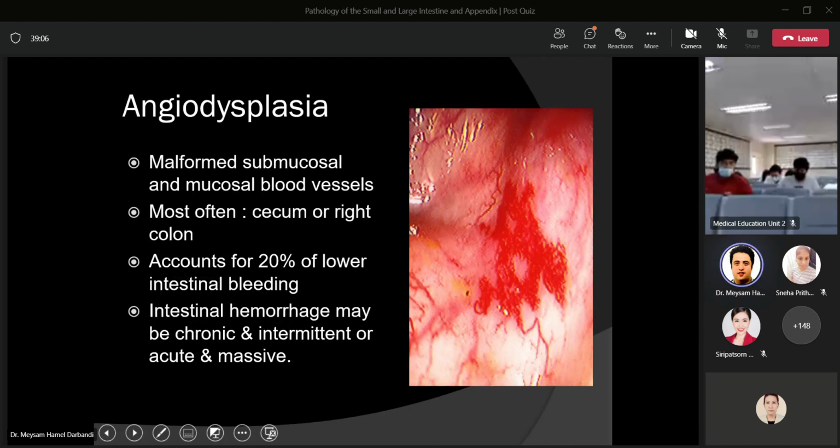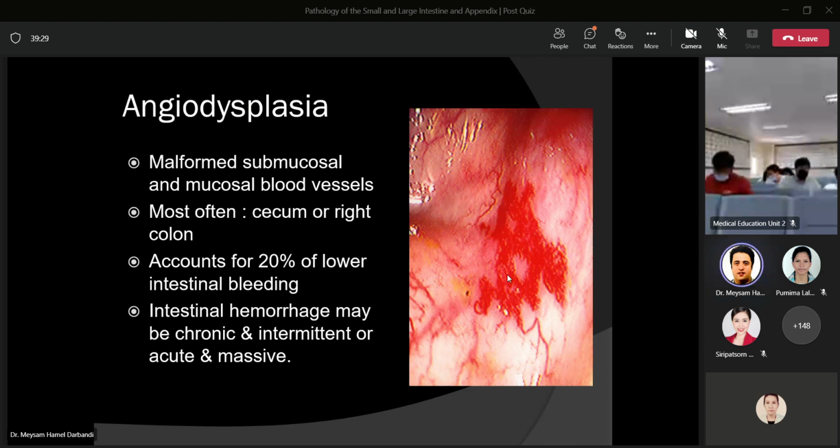So what is angiodysplasia? Anyone? Can you tell us what is angiodysplasia? This is like dilation of blood vessels in the mucosa and submucosa. Why?